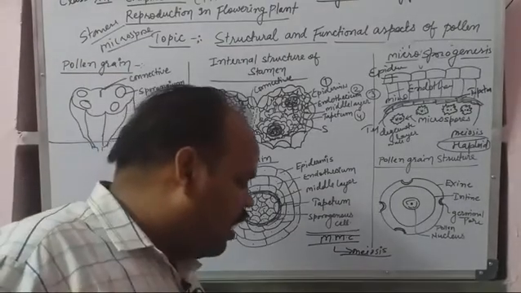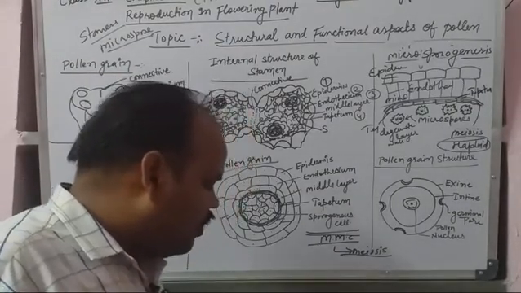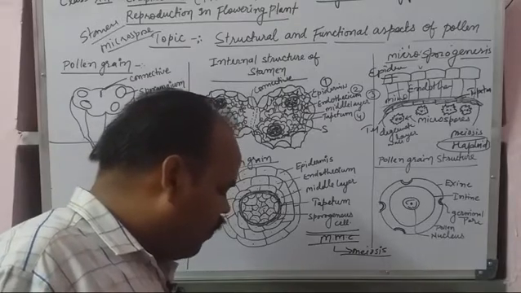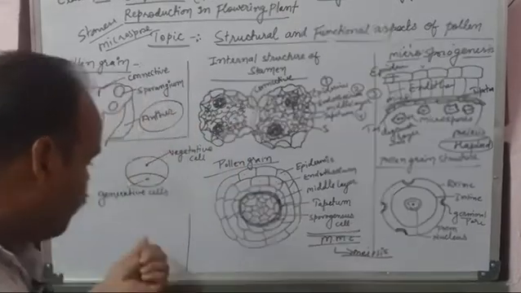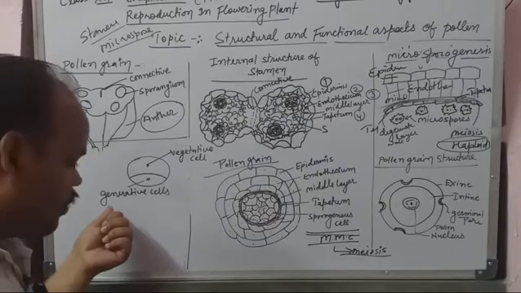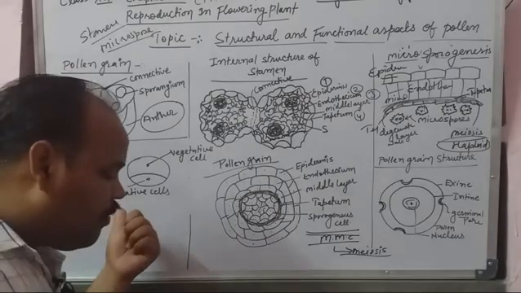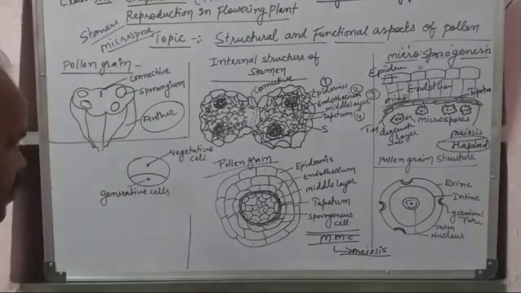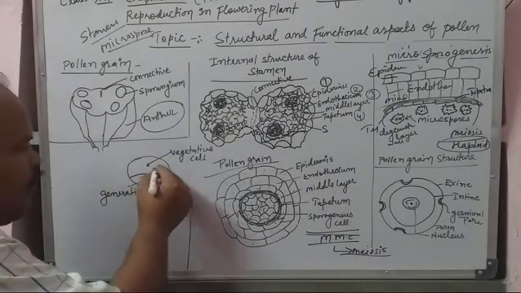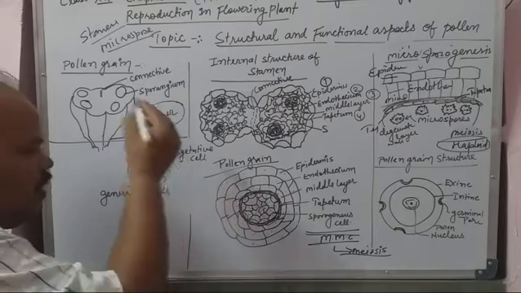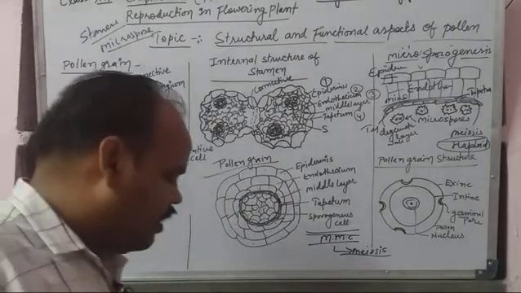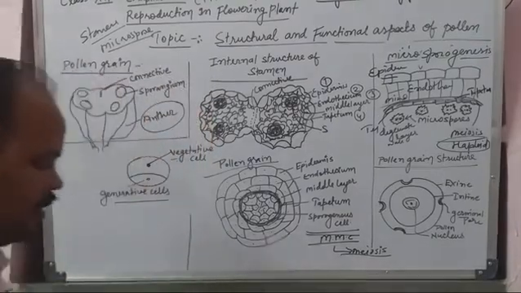The pollen nucleus divides to form the generative cell and the vegetative cell, because there is one large cell, called vegetative, and a small cell which is called the generative cell.